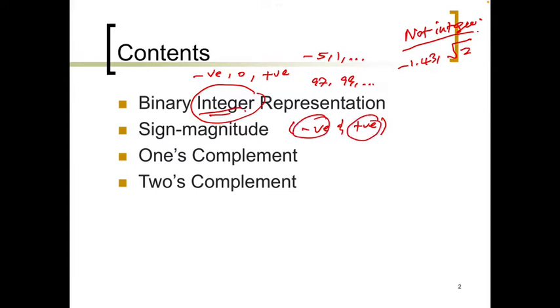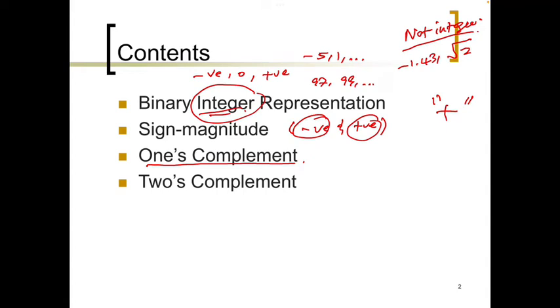Then when we want to do an additional operation, add or plus, to represent the negative number, we need to use what we call the one's complement. Why?